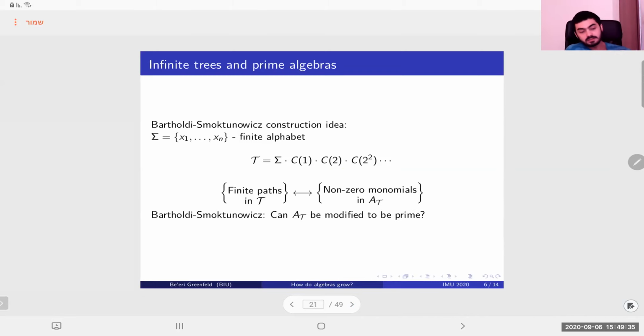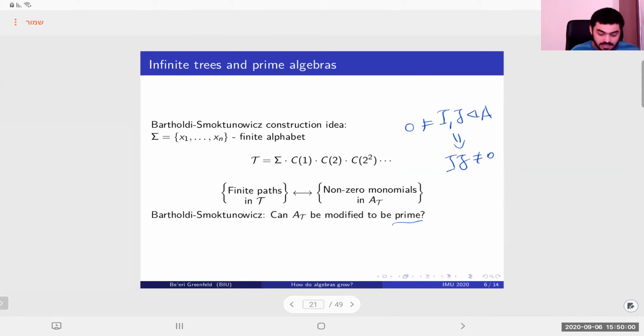They left open whether this resulting algebra can in fact be modified to be prime. Prime algebra, just recall, means that the product of any two non-zero ideals is again non-zero.